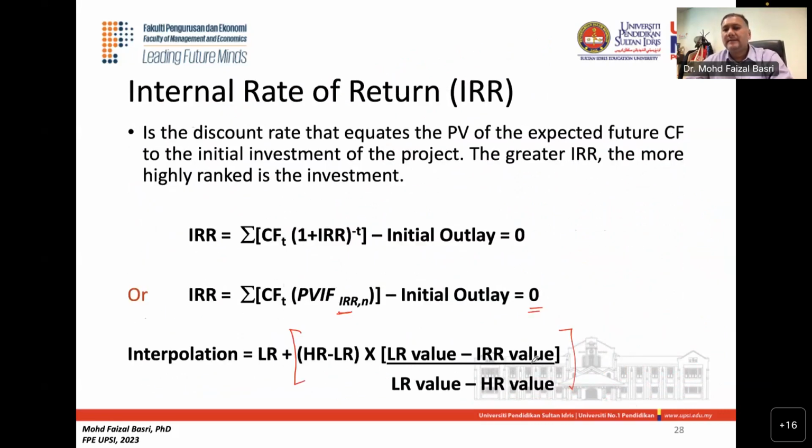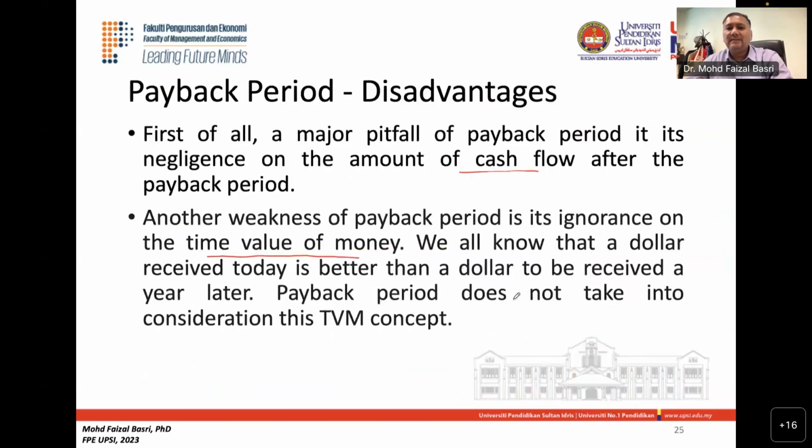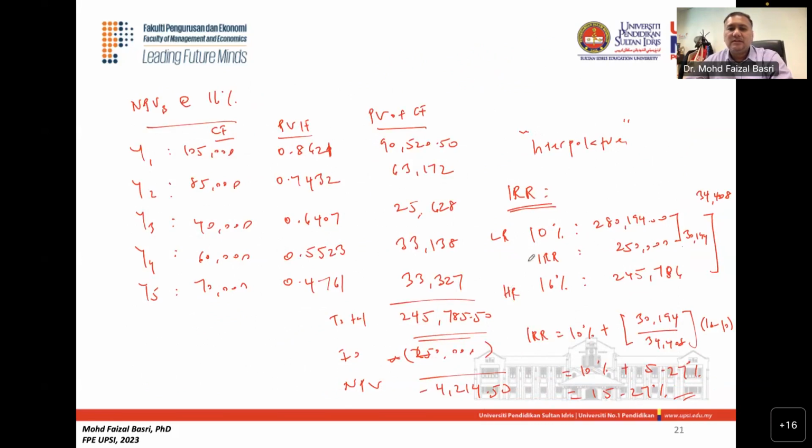Right. So selagi tak dapat, why we need negative at the first place? Remember, because our IRR, the value is equivalent to the difference must be zero kan tadi. In order to find IRR, we want to know at what rate the NPV to be zero.